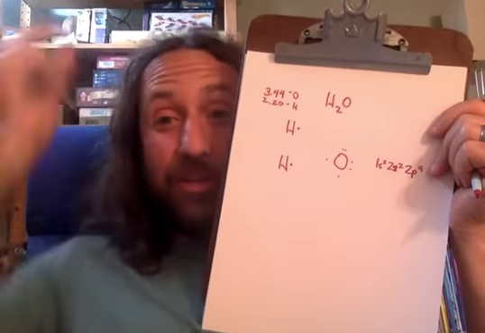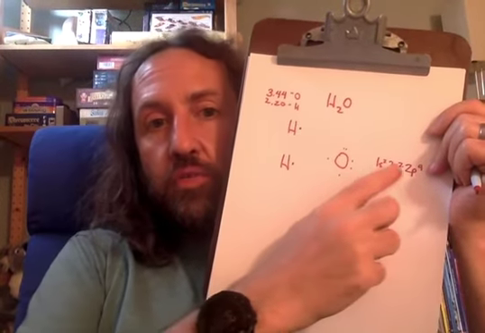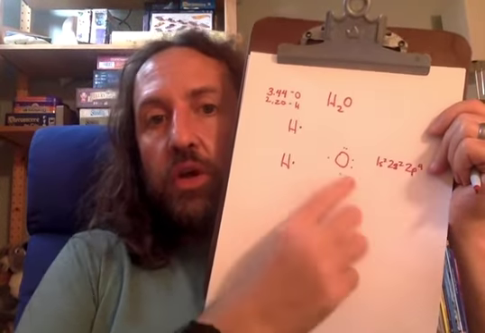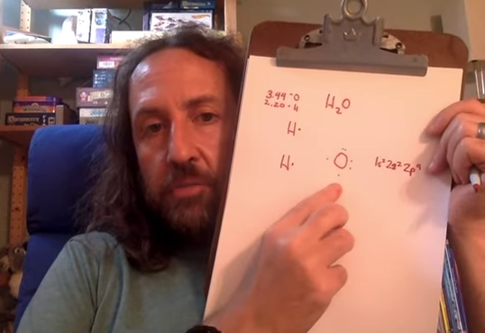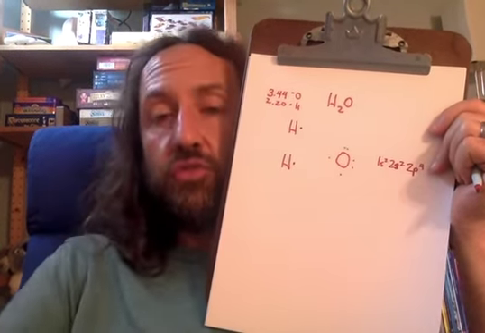And the 1 level can only hold 2 electrons. But this one can hold 8 total, so oxygen actually needs a bond here and a bond here, which is why it's H2O. So when I draw my water, it's going to be 1, 2, 3, 4, 5, 6.